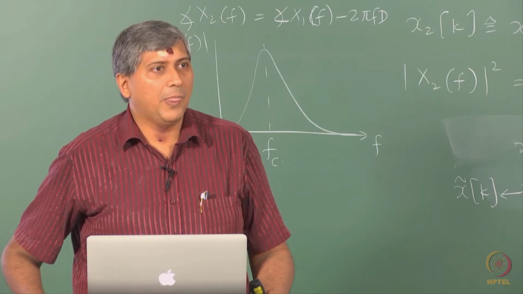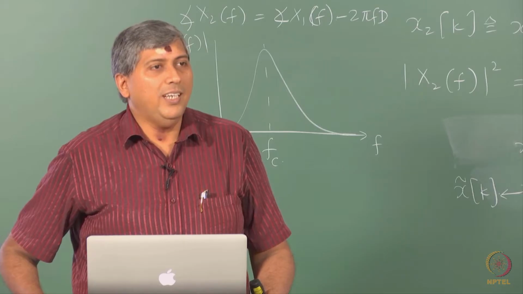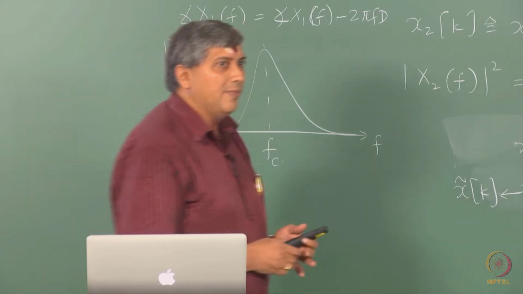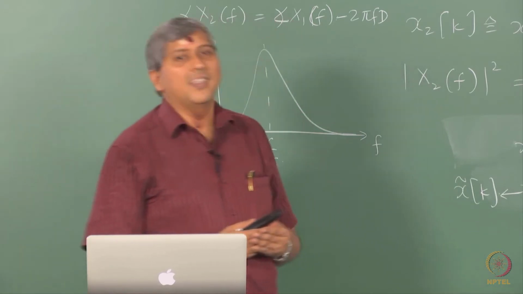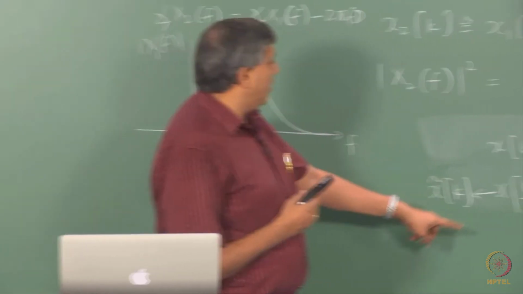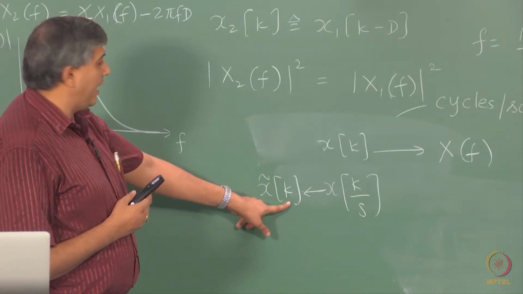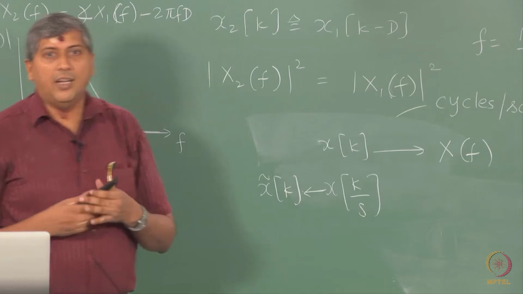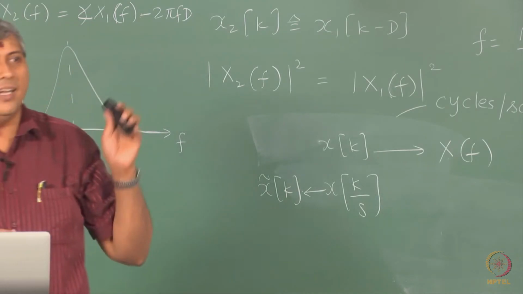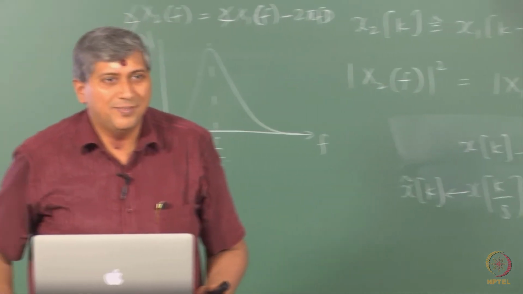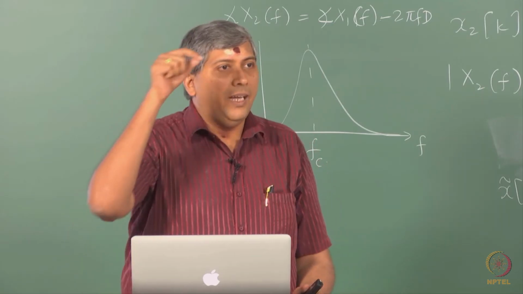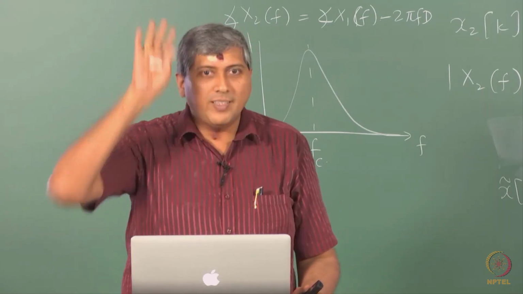Because x1 is equivalent to x tilde s. So if s is greater than 1, that means the signal is stretched. Correct. So, you can look at it this way, right? X tilde you are looking at k here, x tilde at 1 would be, suppose s is 2, what x is at half, right, and x tilde at 2 would be what is x at 1.